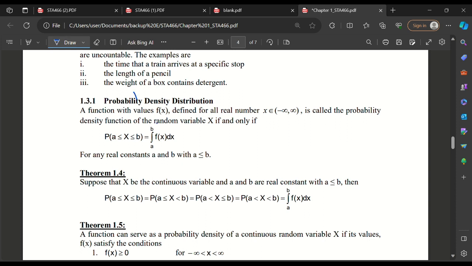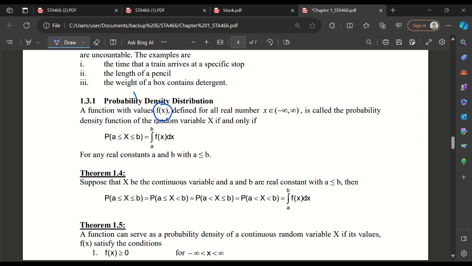Defined for all real numbers from negative infinity to infinity is called the probability density function of the random variable x. If we denote our variable as x, if our variable is y, so it will be fy.